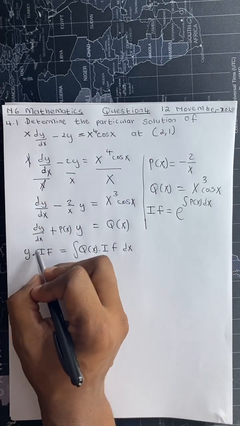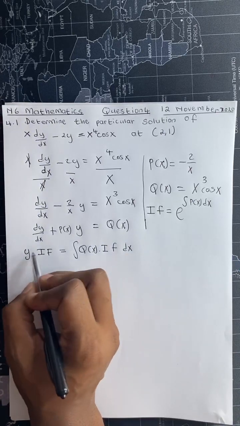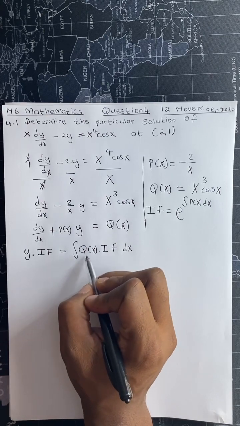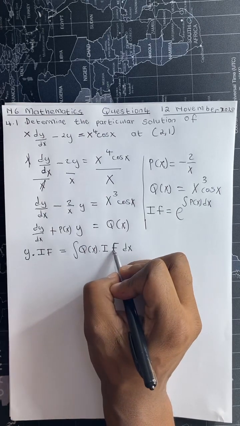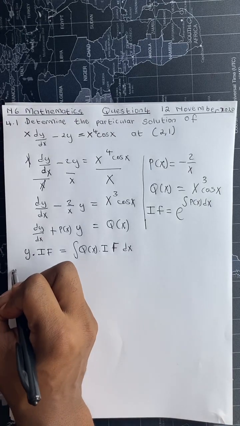So we have to determine the integrating factor, multiply it with y, and on the right hand side find the integral of q of x multiplied by the integrating factor. So let's determine our integrating factor.